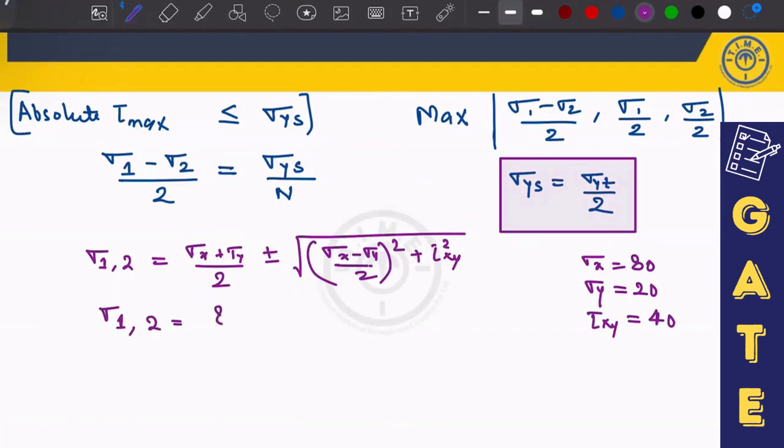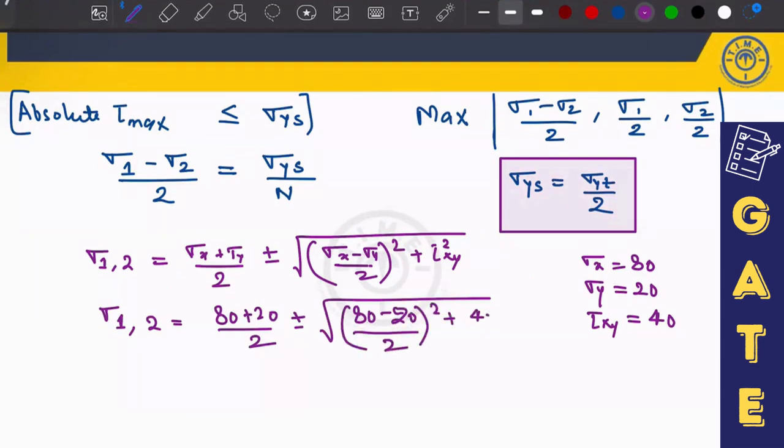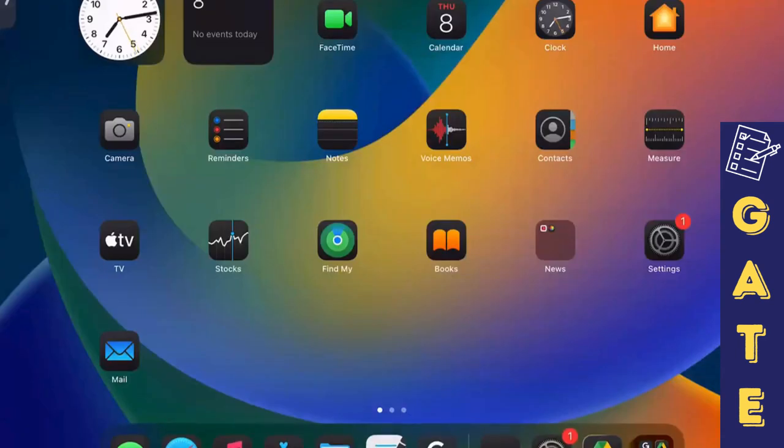This is nothing but 80 plus 20 divided by 2, plus minus the square root of 80 minus 20 divided by 2 whole square plus 40 square. So this is 50 plus minus the square root of 30 square plus 40 square, which you already know is nothing but 50.